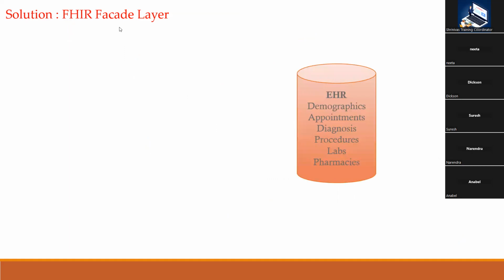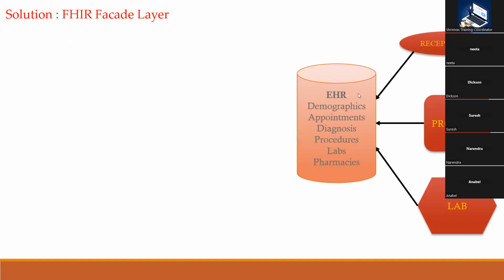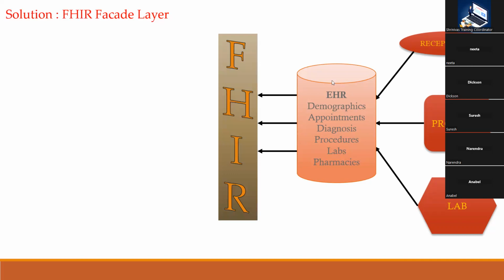So the first one is to create a facade layer. So what happens in the facade layer? You can see that we have the EHR system. Data is being saved into the system by any one of these entities. On top of the EHR, you'll be adding a layer called FHIR.